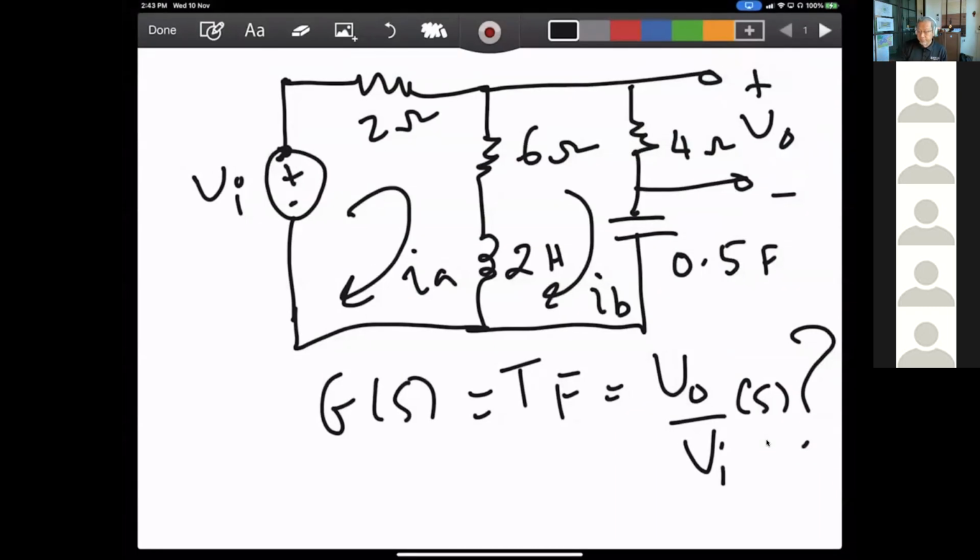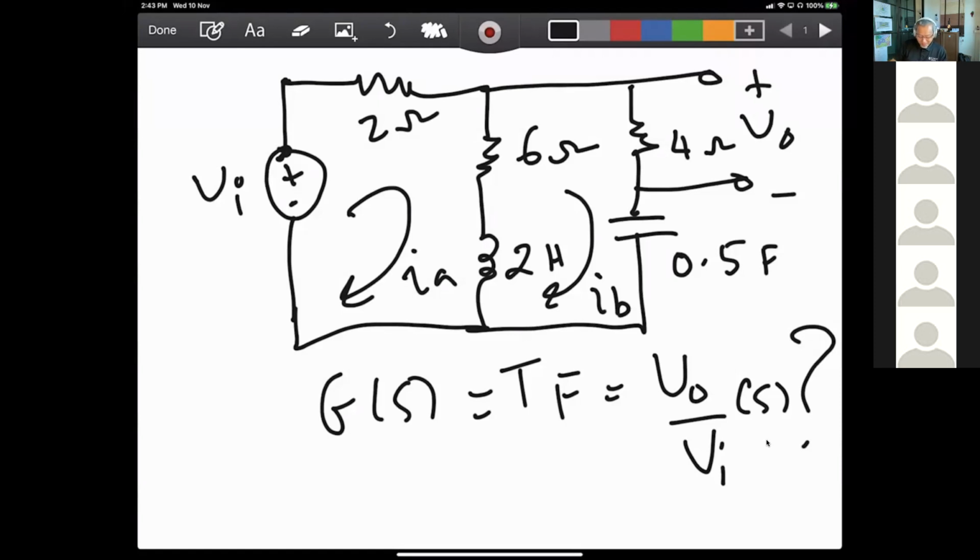Okay, can you see? Ashraf, what is the equation for loop 1? Voltage or current? KVL.